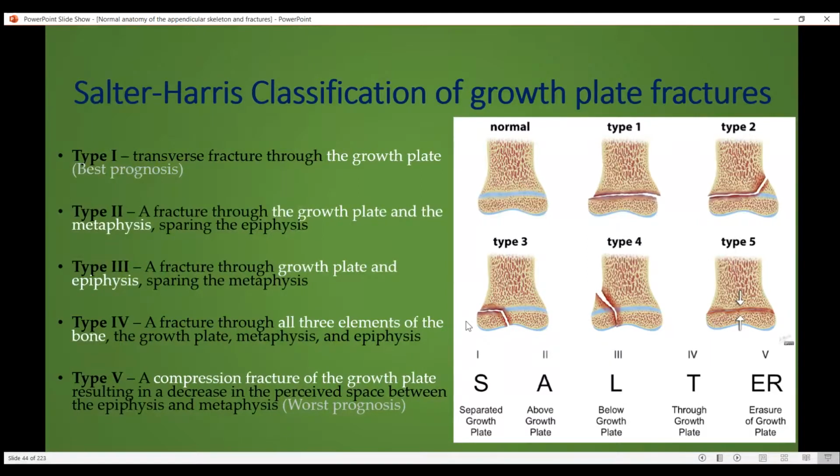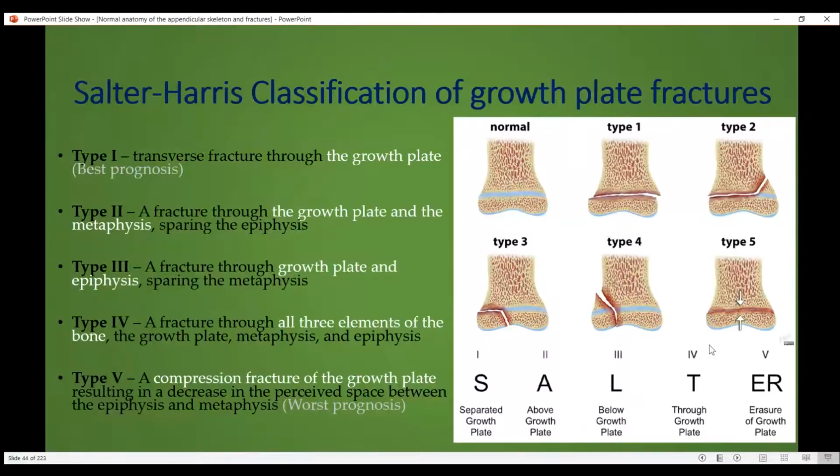In type 4, all three zones are involved. Metaphysis, growth plate, and epiphysis are detached as a single fragment. This is called Salter-Harris type 4. Then type 5 is a reduction in the growth plate, because the growth plate is compressed. So this is type 5.